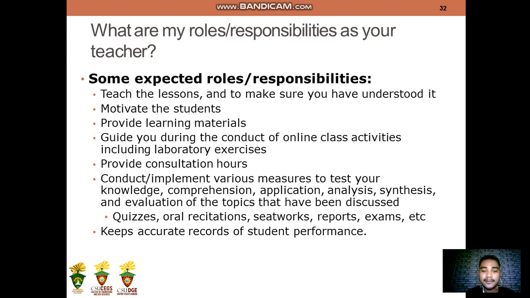Conduct and implement various measures to test your knowledge, comprehension, application, analysis, synthesis, and evaluation of the topics we have discussed, such as quizzes, oral recitation, seat works, reports, exams, etc. And lastly, I am going to keep accurate records of your performance.